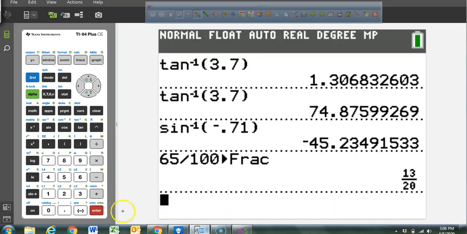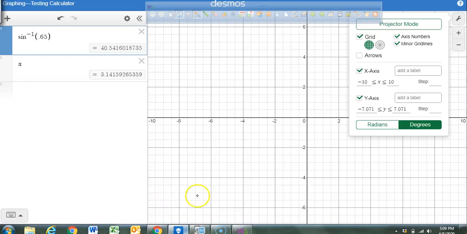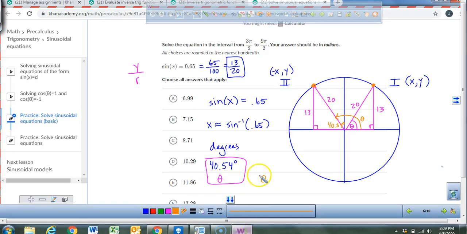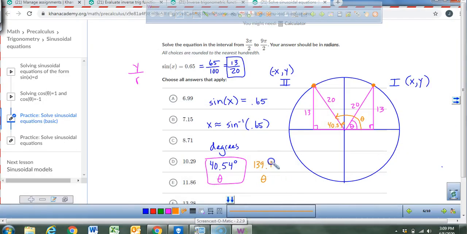So all I'd have to do is take 180 minus 40.54 degrees, which gives me 139.46 degrees. That's from here to there. So those would be my two answers in degrees.